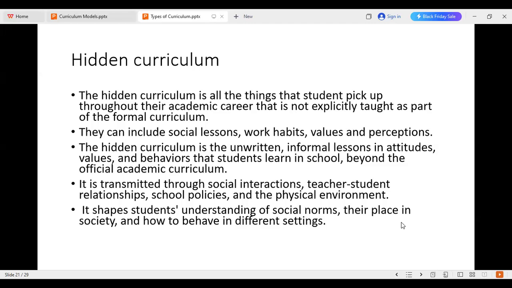In school, we must train the students how to stand when the national anthem is going on. That is only one example.